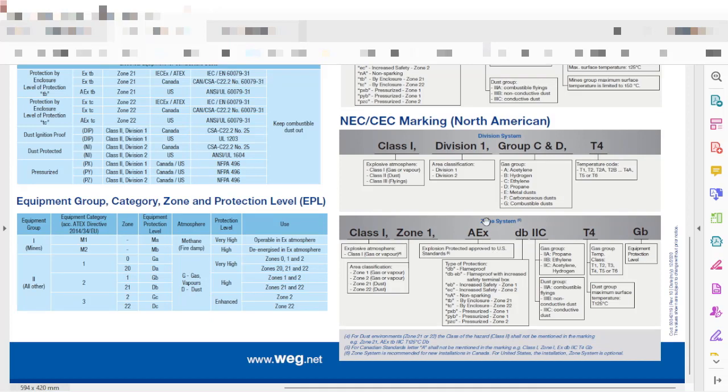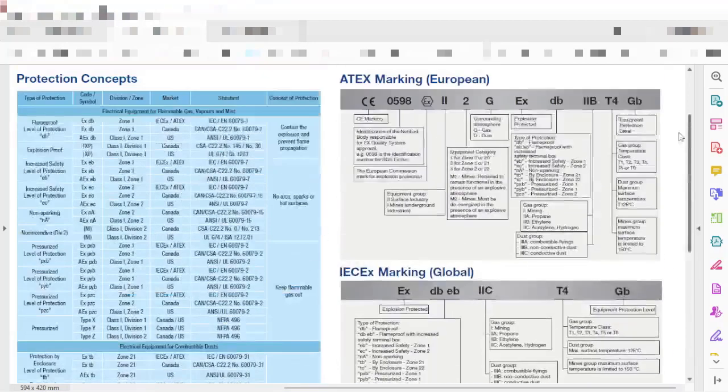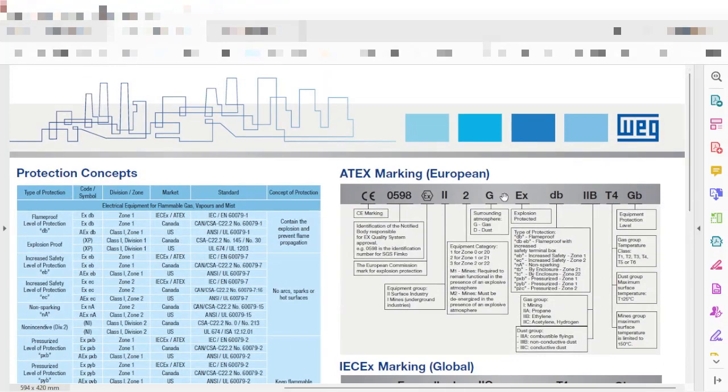Verify that the zone system in the North America standard is optional for the US, but it is recommended for new installations in Canada. So depending on where you are developing the engineering documentation, you must do your hazard area classification accordingly.